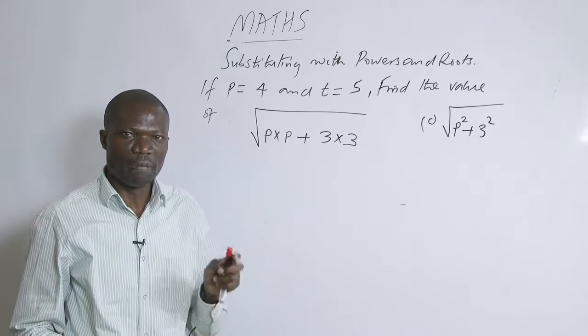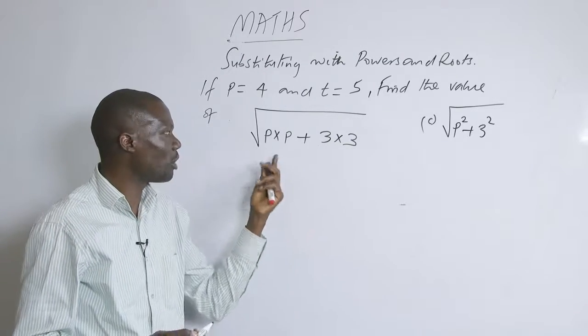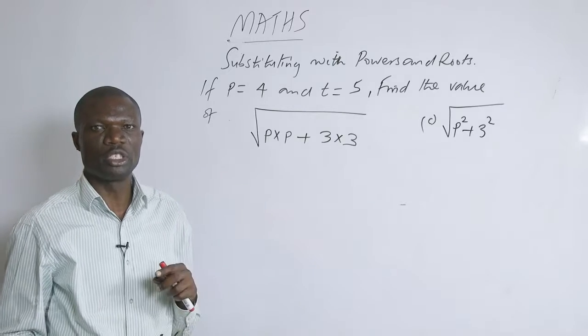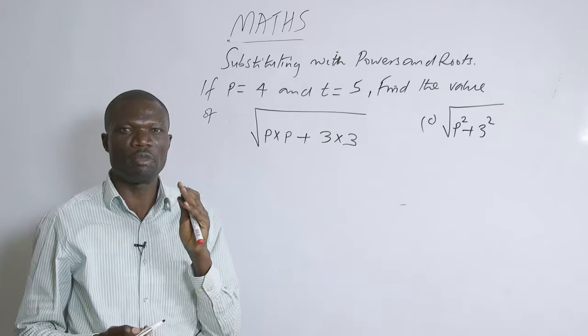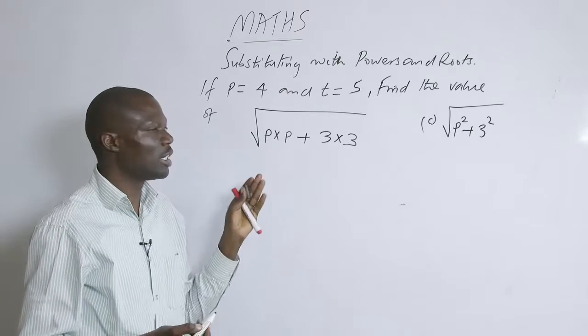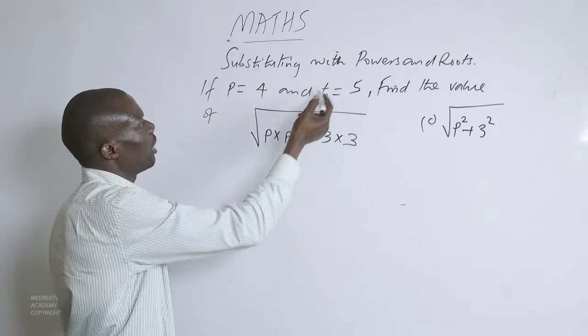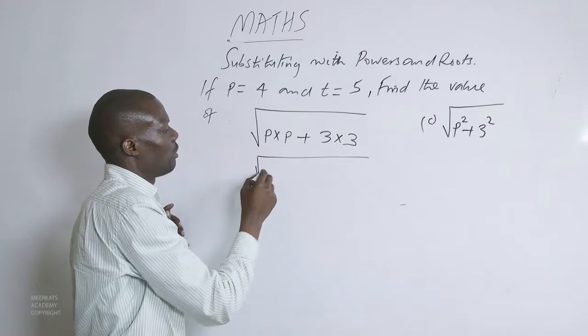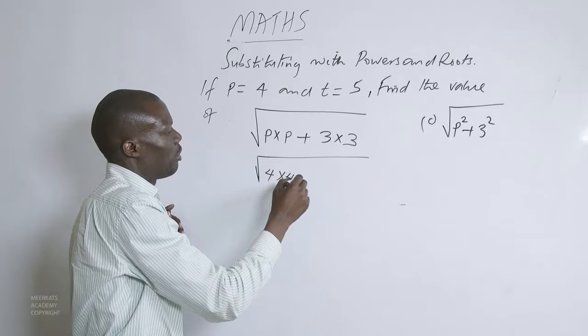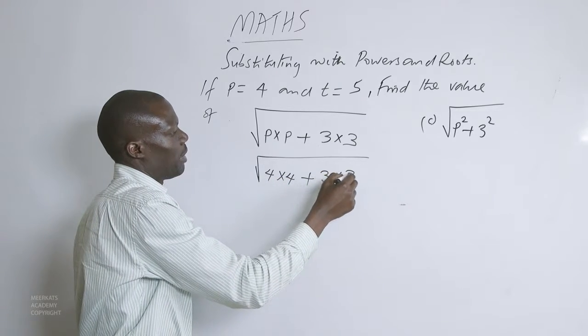That is what it means. So we have only one pronumeral, which we are going to substitute. On substituting, the value of p is 4. So we'll have the root of 4 multiplied by 4 plus 3 multiplied by 3.